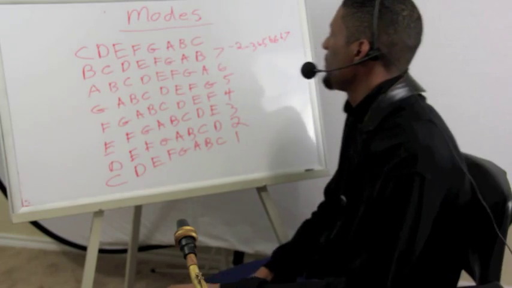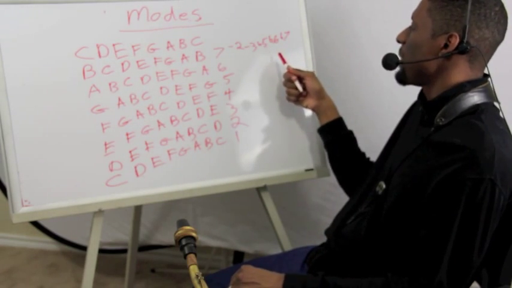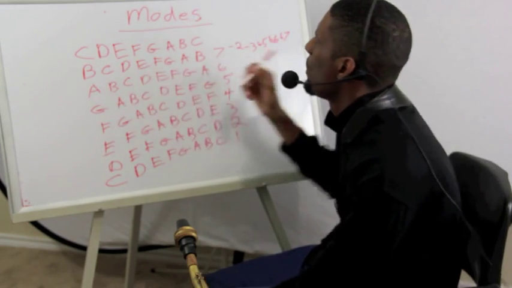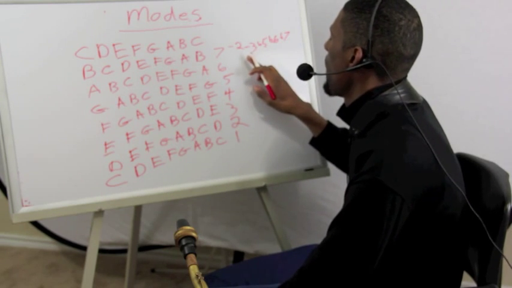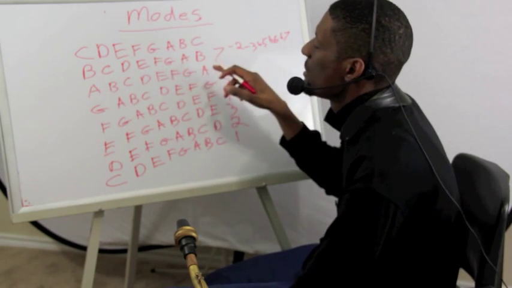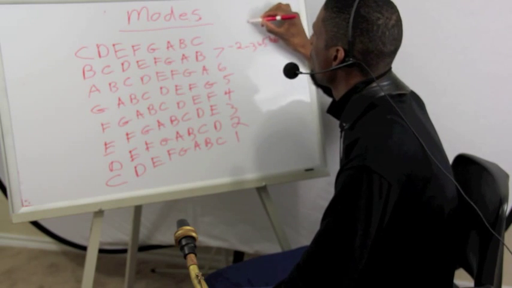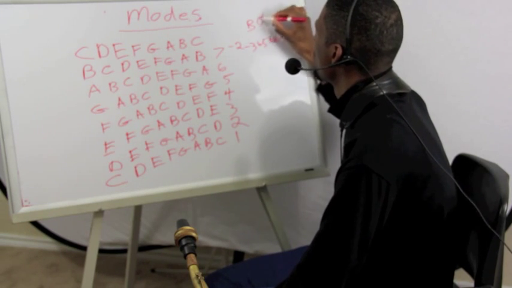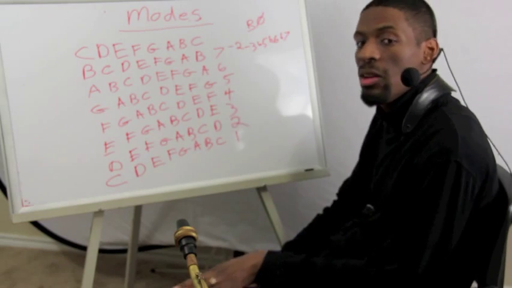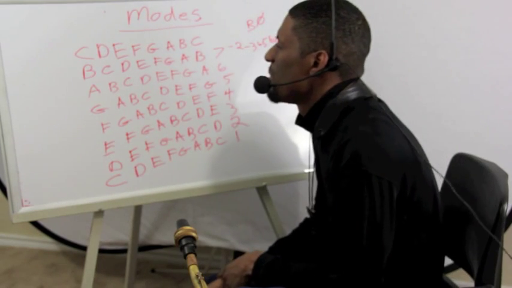So it's got a lot of stuff in it. That's why most of the time, to outline this scale, you would usually see it like this: B half diminished. That's the B half diminished scale.